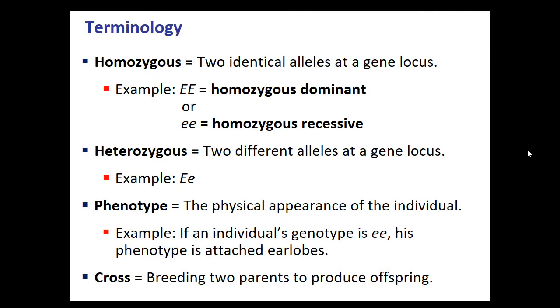So if your eye color genotype is big B, then your eye color phenotype is brown eyes. In the case of genetic traits, your phenotype is determined by your genotype. Your genotype determines what your phenotype will be. Some phenotypes are not genetic.